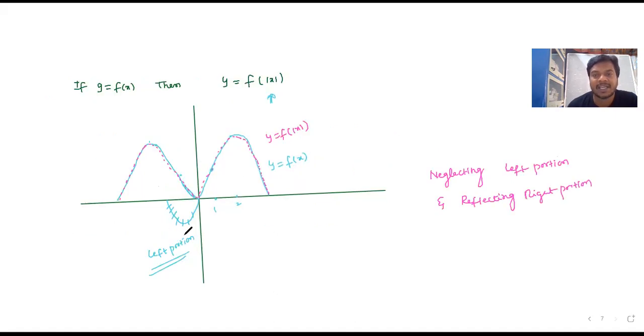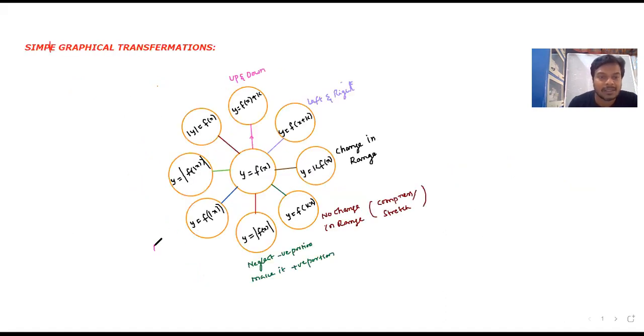Now in this case, I am neglecting the left portion and then reflecting the right portion. That you have to remember. Here what I am writing: neglect left portion graph and reflect positive portion about the y-axis.